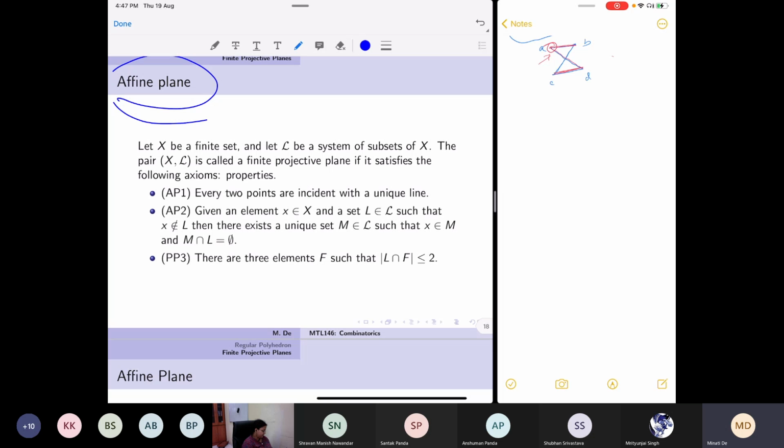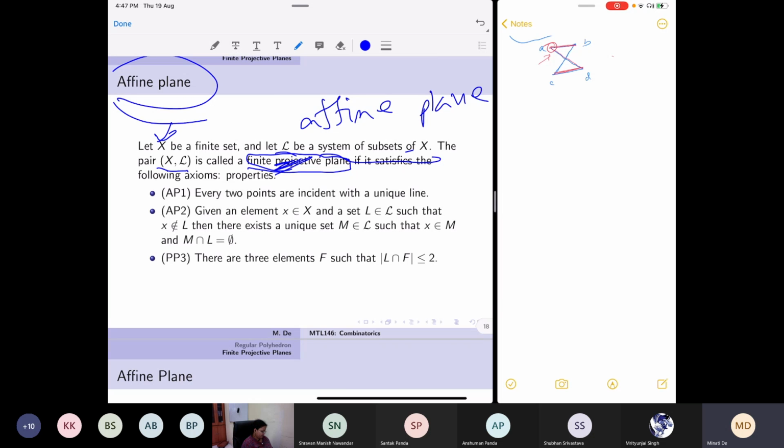You have a finite set of elements X and a family, or system, of subsets of X, and the pair X comma L is an affine plane. I am sorry, here I did not change it; it should be affine plane. If it satisfies the following properties.